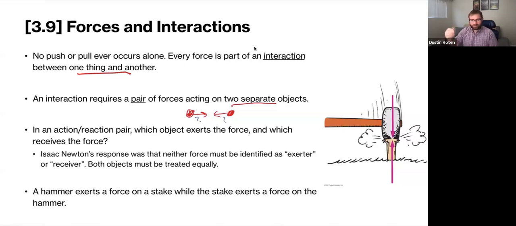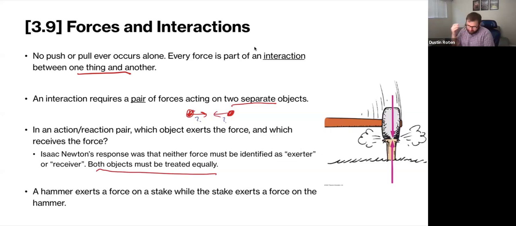They're both supposed to be treated equally. Since they're perfectly symmetrical, equal and opposite, it doesn't matter which one you call the action and which one you call the reaction force. They're always paired, and the mathematics works out the same.